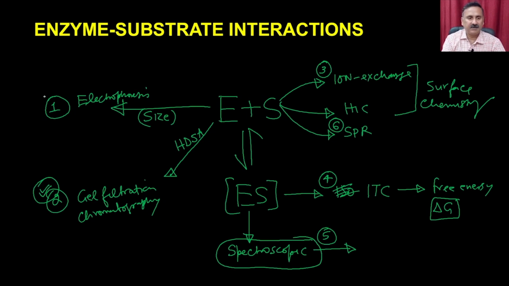So we have discussed electrophoresis, we have discussed the chromatography methods, and now let's move on to the next method, and the next method is the spectroscopic method. In the spectroscopic method, you are going to utilize different types of spectroscopy techniques.